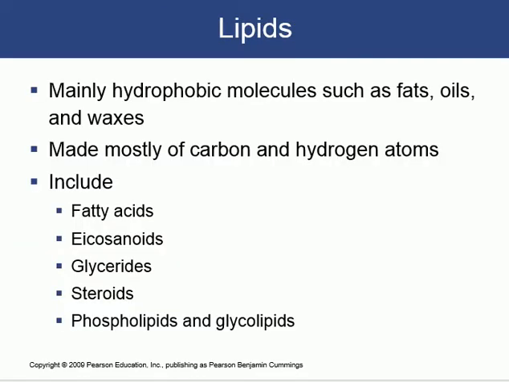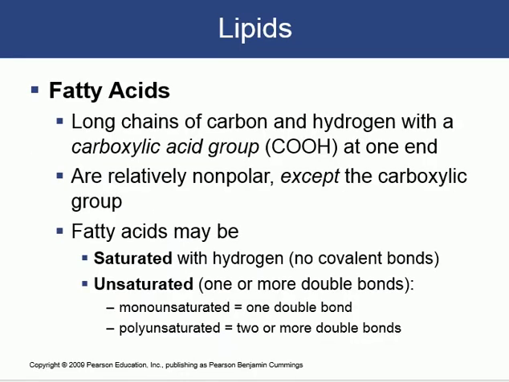For the lipids, these are the different types of lipids. Just know what these types are. And understand the difference between saturated and unsaturated. And if it is unsaturated, is it mono or poly? Which is basically the double bond. Okay? And how to recognize that this is actually fat if you see COOH at one end.